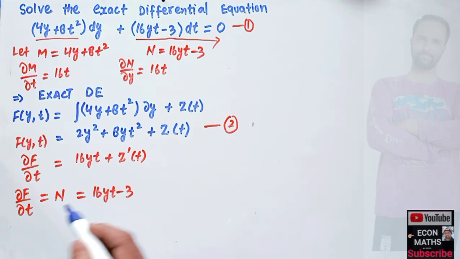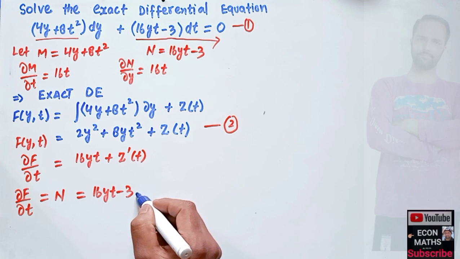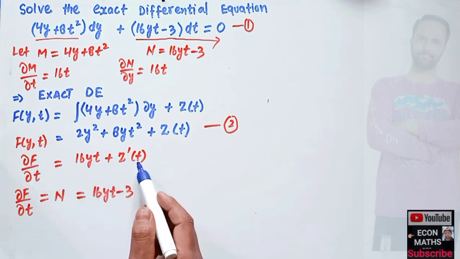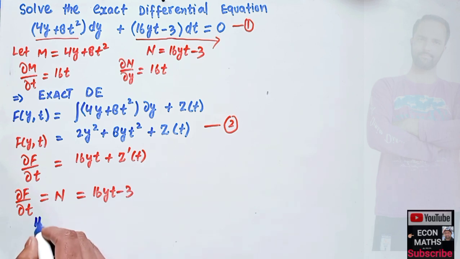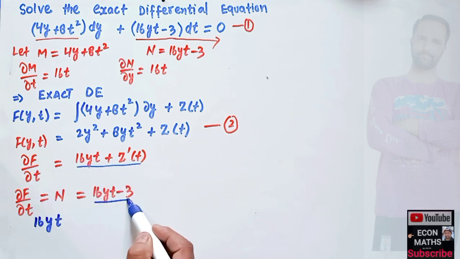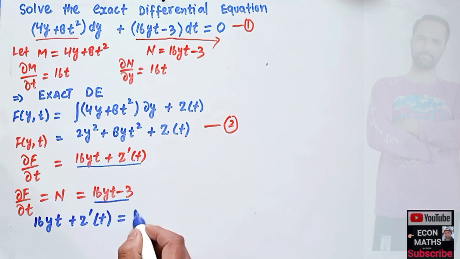We simply equate these two terms: 16yt plus z'(t) is equal to 16yt − 3.